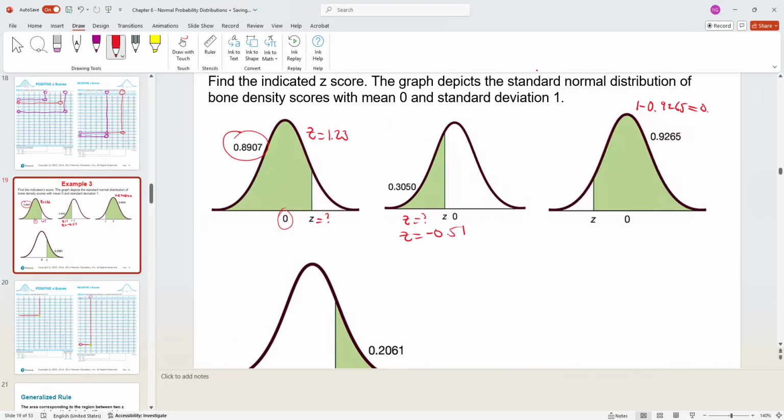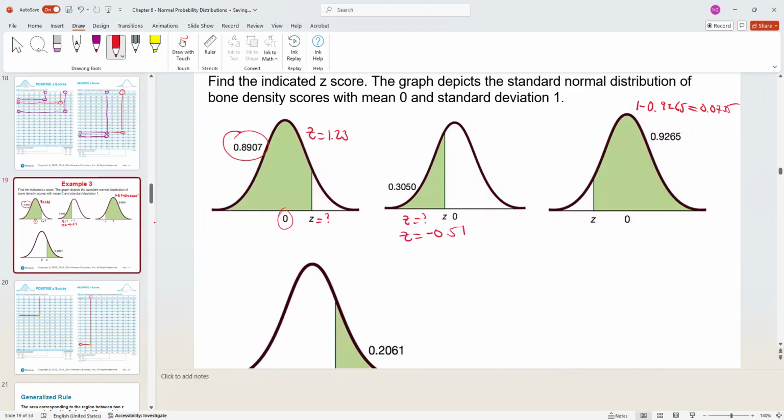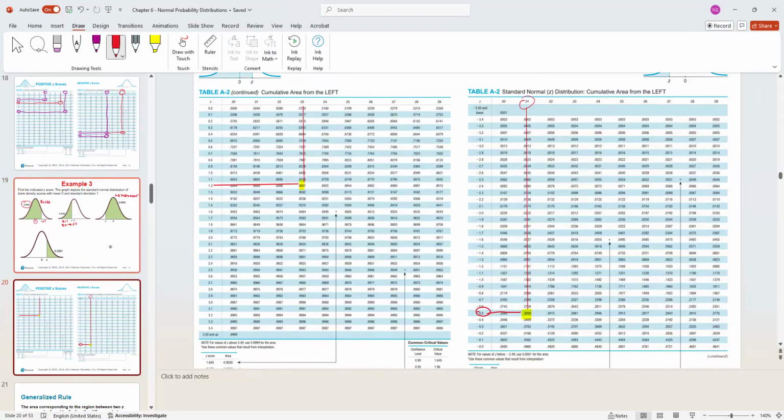So this is what you're going to find from the false probability. This is the one we're looking for from the table. When we look for this from the table, look where we're going to go with this one. 0.0735. Now that means, because it's less than 50%, we're going to go in the negative side of the table. Look inside.